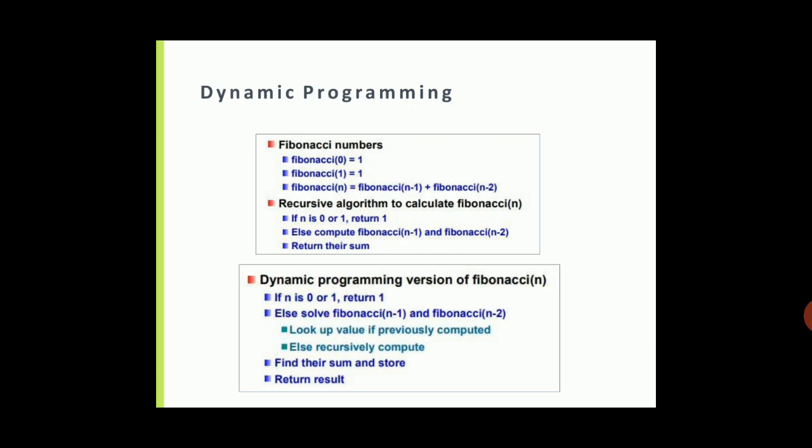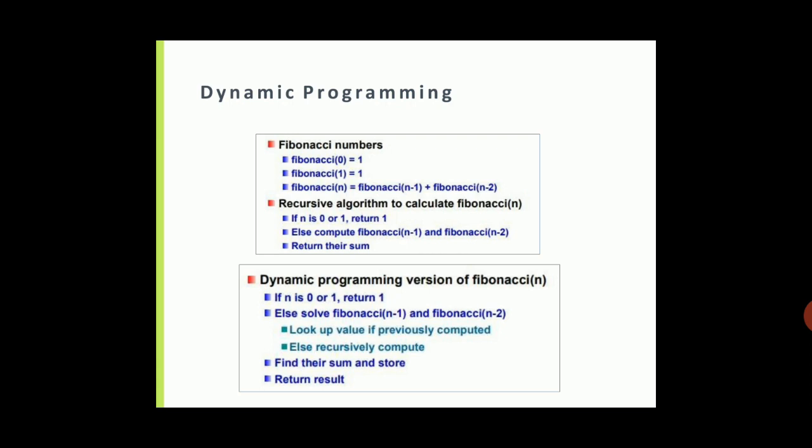That means 1, 1, then 1 plus 1 is 2, the next is 3, and the next is 3 plus 2, which is 5. This is the Fibonacci function, and this is the recursive algorithm to calculate the Fibonacci number.